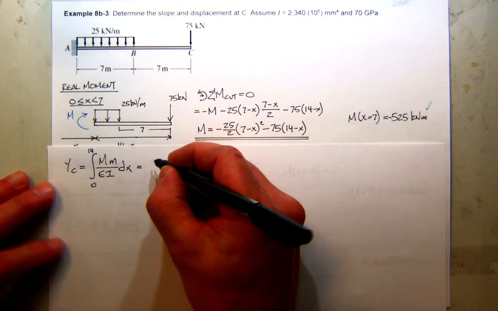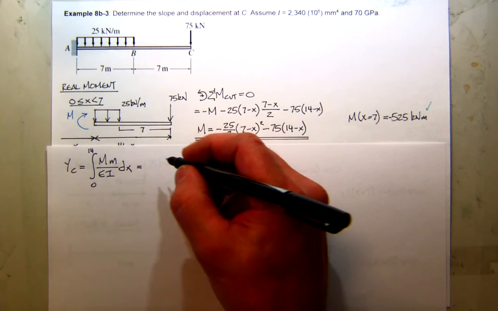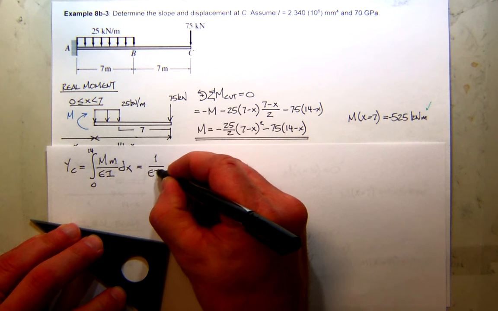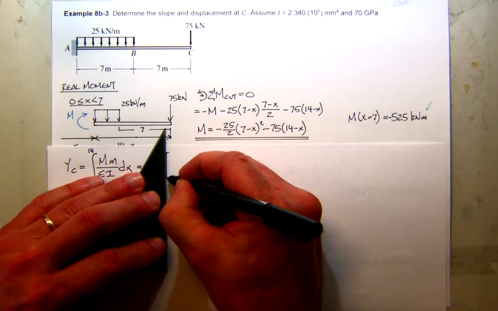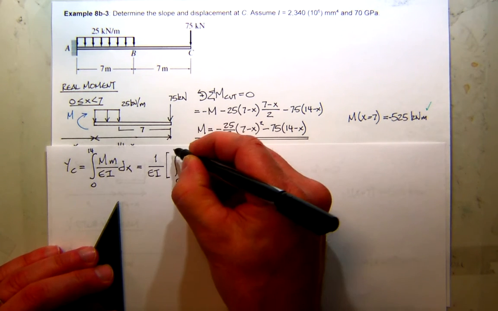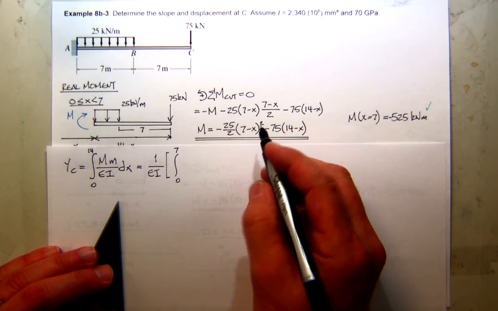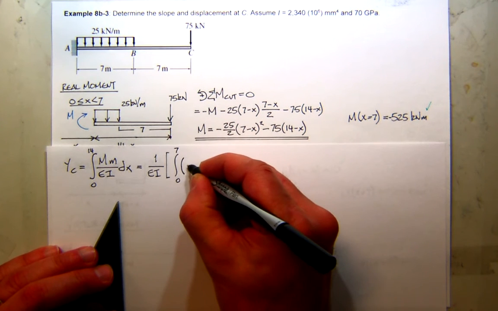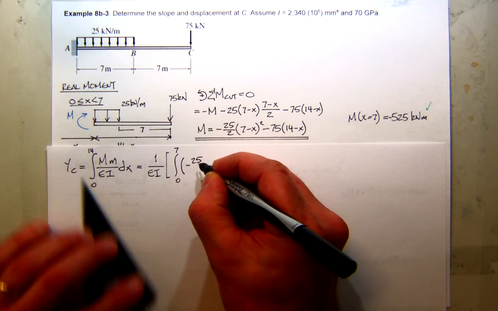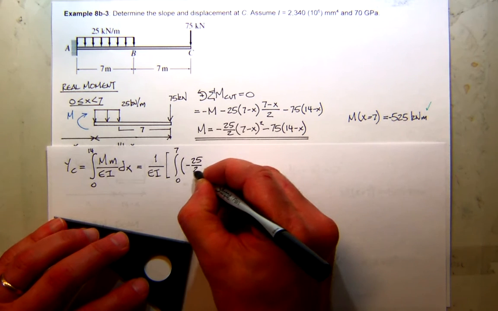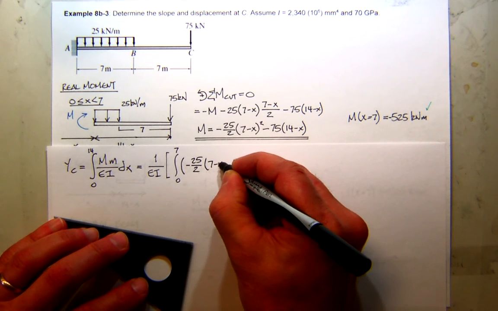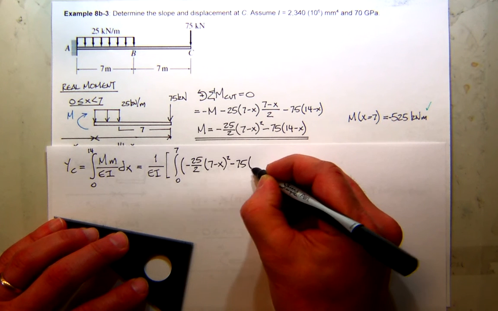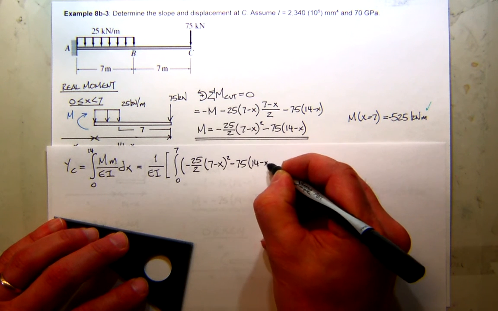The first piece, I'm going to factor the EI out just to save me a little space. So I'll factor my EI out to the outside, and then I'll have the integral from 0 to 7 of the real moment. I guess I'll just write it. Minus 25 over 2, 7 minus x squared minus 75 times 14 minus x.